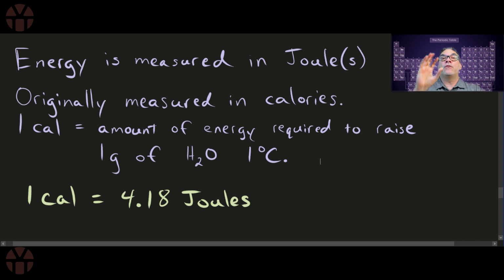For reasons we will discuss later on, we shifted from a calorie, which was based upon water, to a joule, which is a more universal measurement. What you need to know right now is that either a calorie or a joule will measure energy, and 1 calorie equals 4.18 joules. Notice that in none of this did I ever talk about degrees.